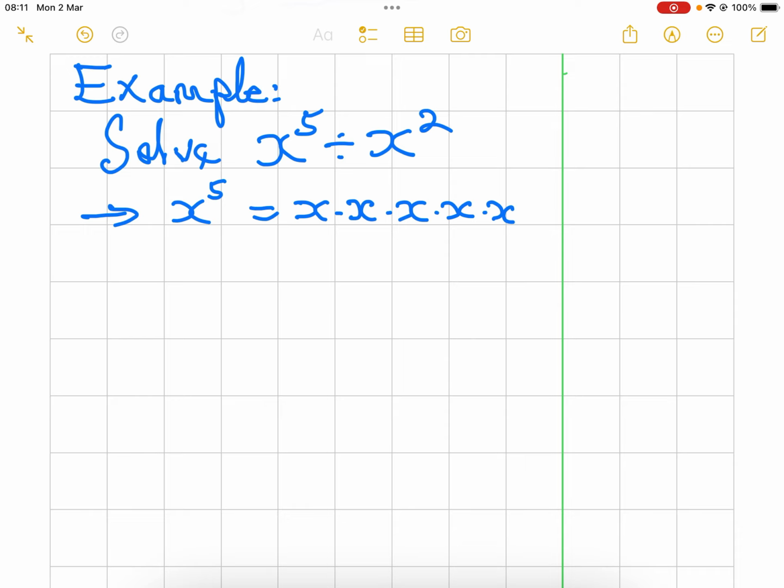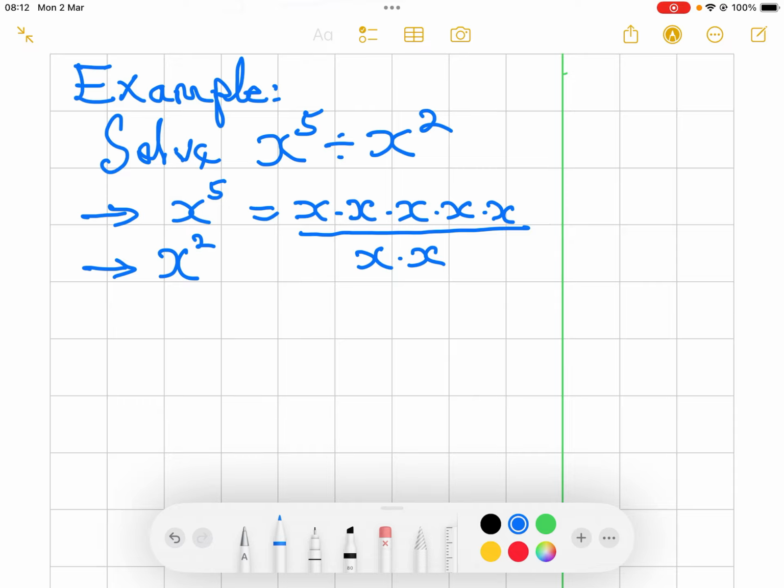X raised to power 5 is x times x times x times x times x, divided by x times x, that is for x raised to power 2.